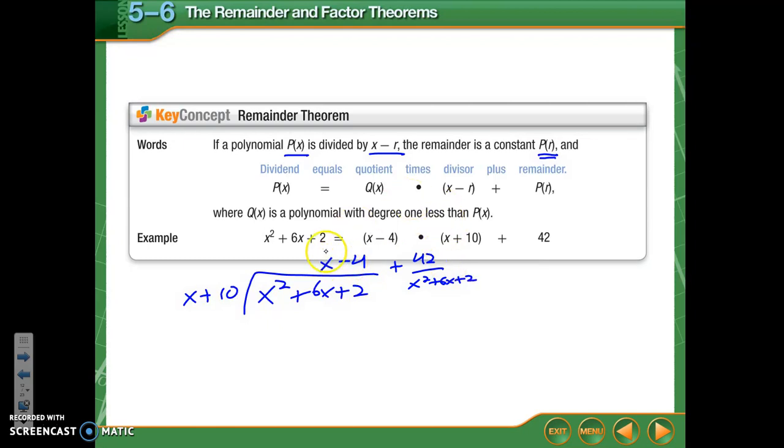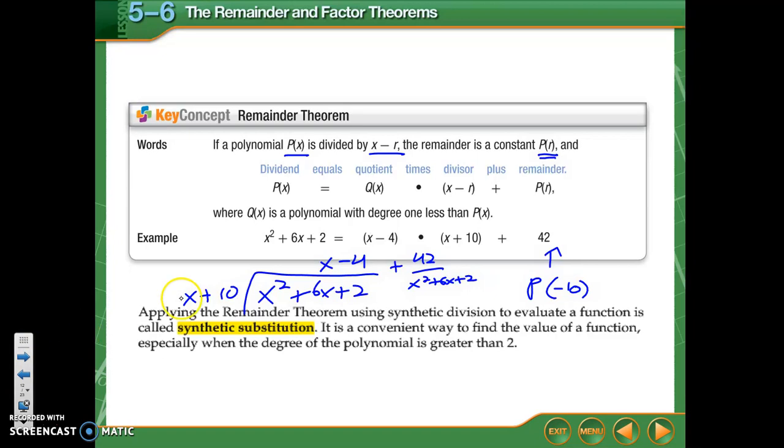So if I do x minus 4 times x plus 10, and then I add 42, I will get back to my original polynomial. And this 42 is the same as my original polynomial evaluated at negative 10.